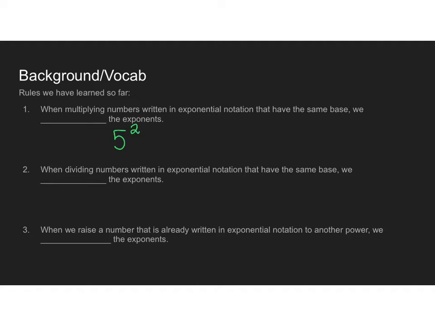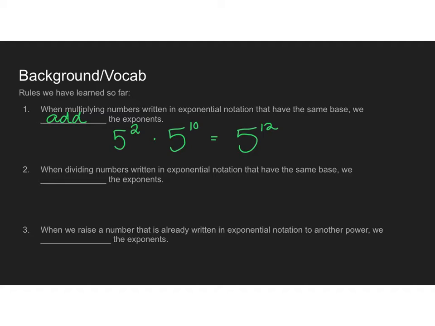If we multiply this by another number that has a base of 5 and is written in exponential notation, maybe 10th power, what are we going to do with these exponents? Well, we are going to add them. So this becomes 5 to the 12th power. That's the first rule we learned.